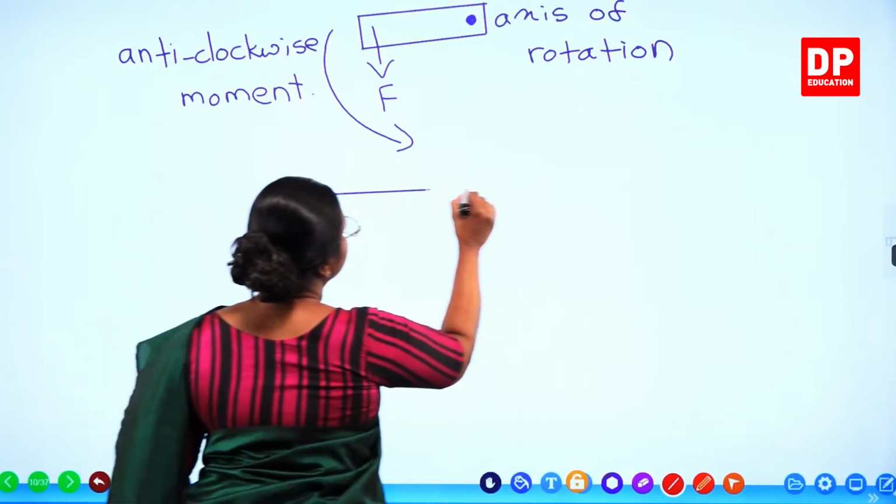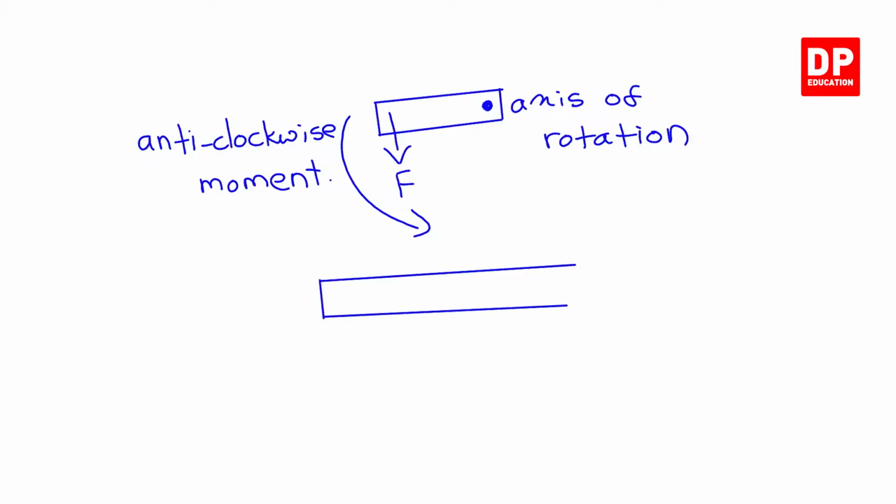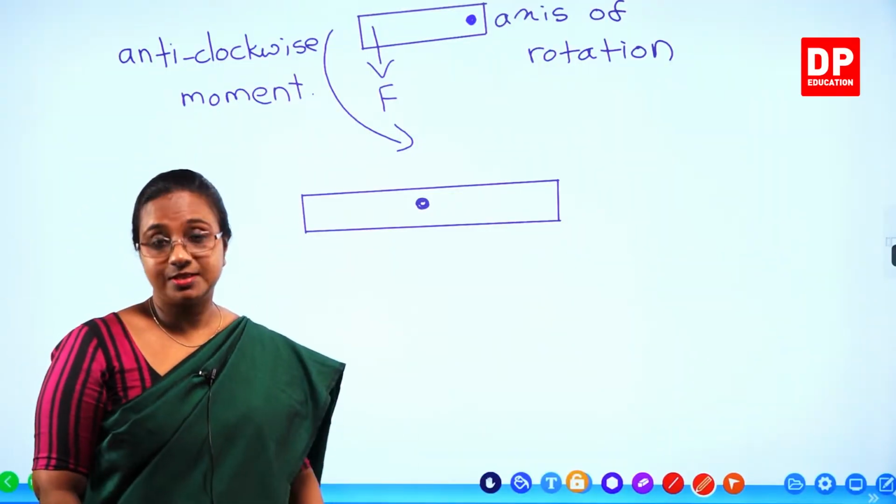If we have a strip of wood like this, and if we fix it in the middle. Now earlier we saw that both the nails or the axis of rotation were towards one end of the strip of wood.